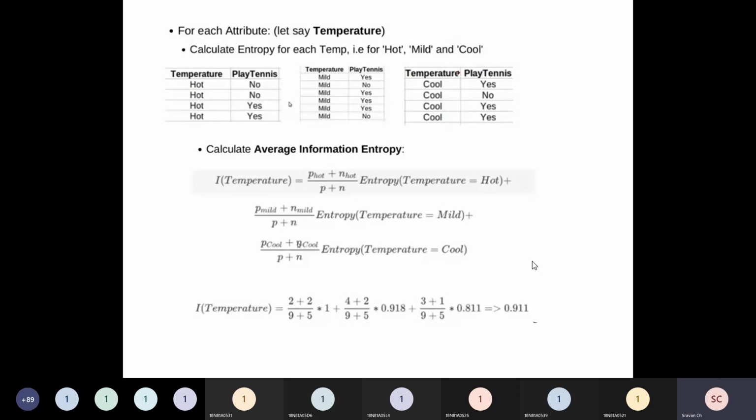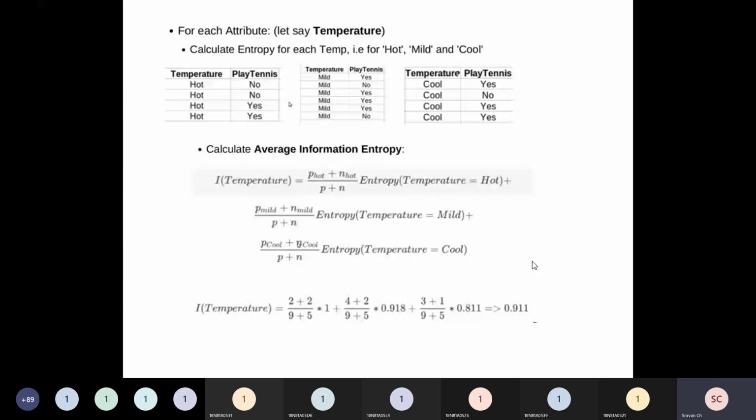So whatever 9, 5 and 14 were there, now they will be replaced here in the second one with 4, 2 and 6. For first one, you need not calculate. Just by looking at the table, you can tell equal number of positive and negative examples are there. So the entropy will be 1. For second subset, you have to calculate the entropy.